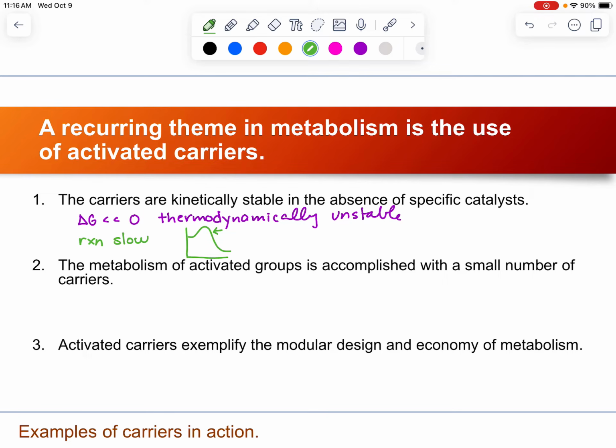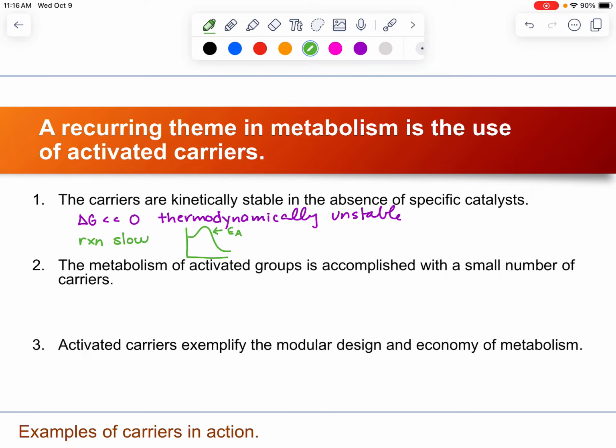So even though these things are thermodynamically unstable, we'd expect them to go to products. The reality is that activation energy is so high that these carriers hold on, in this case with ATP, to that phosphate until there is some enzyme to help reduce this activation energy, and hence it can now let go of that phosphate.